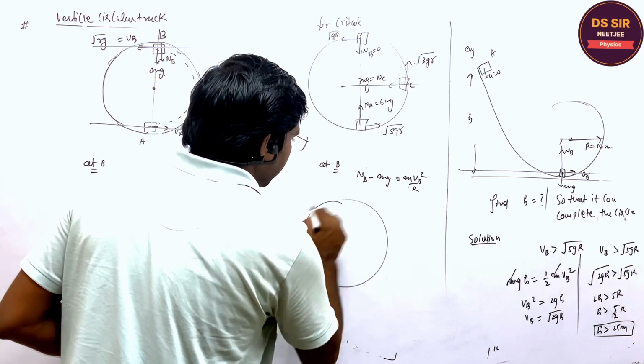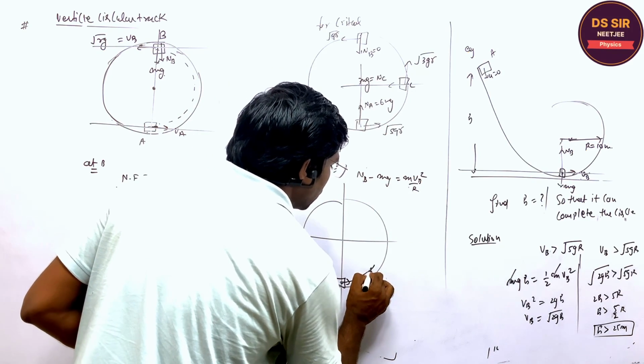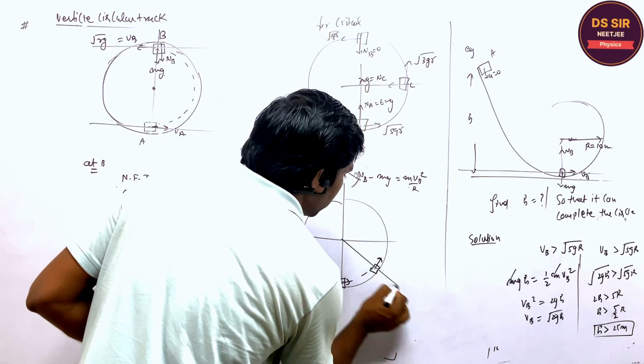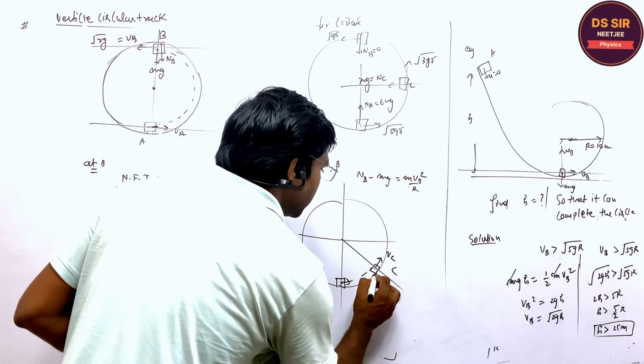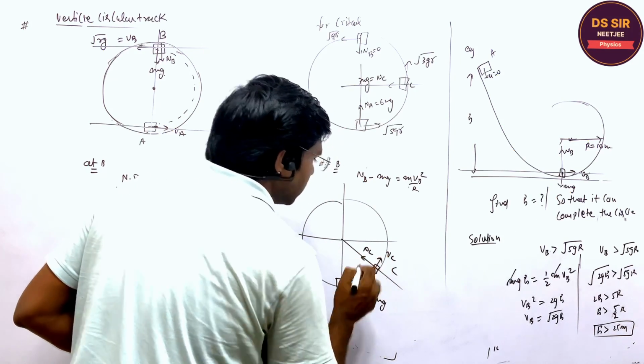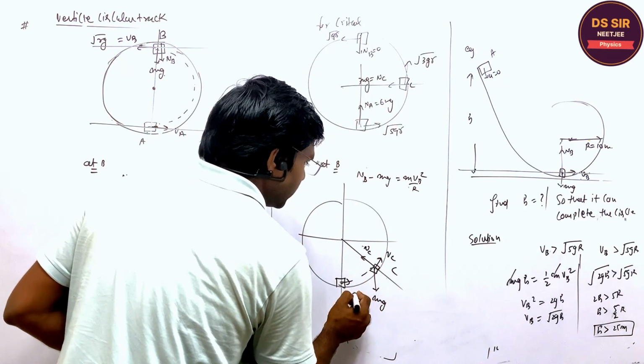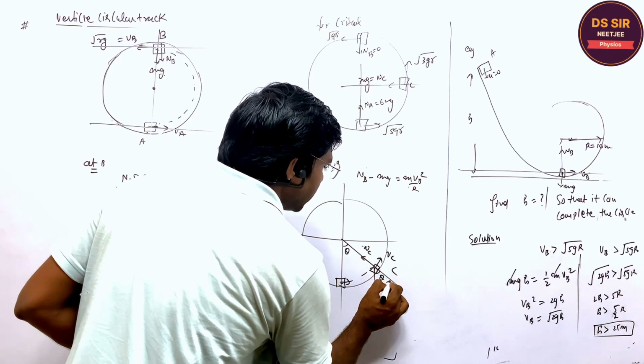Listen one thing. If on the circular track it is moving in this way, it reached this point. Suppose this is the point C, the velocity is Vc. How many forces are acting? Say mg and the normal Nc. So what equation will you write? The normal Nc is in the radial direction. Suppose this is the theta.